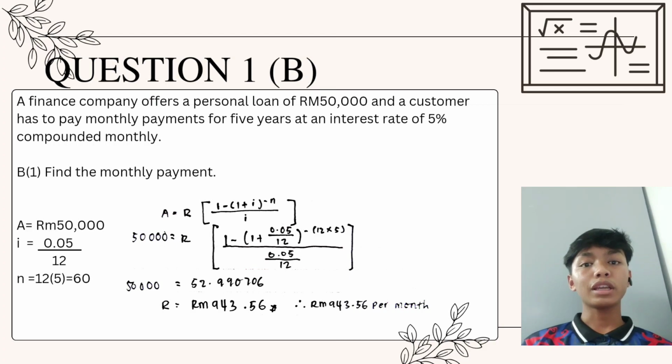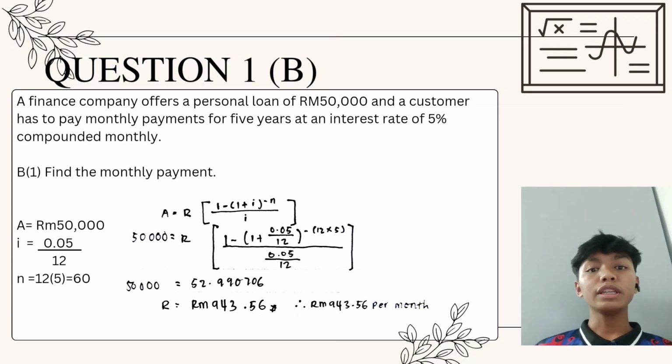A equals R times (1 minus (1 plus i) to the power of negative n) over i. A is 50,000, i is 0.05 per 12 and n is 12 multiplied by 5. Now we have to find R, which is the periodic payment.